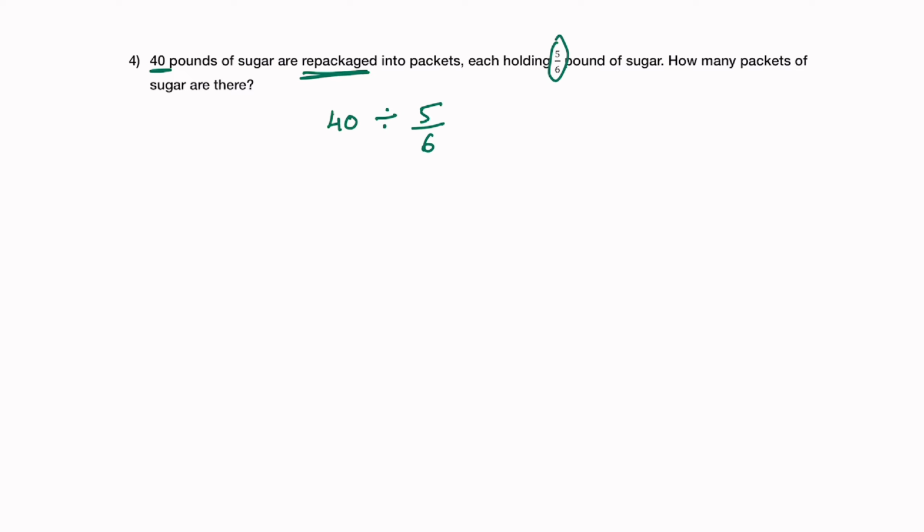So 40 gets divided into different packets and each packet contains 5 upon 6 pounds of sugar. How many packets? So we rewrite it. We say 40. Division becomes multiplication and we inverse the fraction. That's 6 upon 5. 5 times 1, 5 times 8. So 8 times 6 is 48. So we say there are 48 packets.